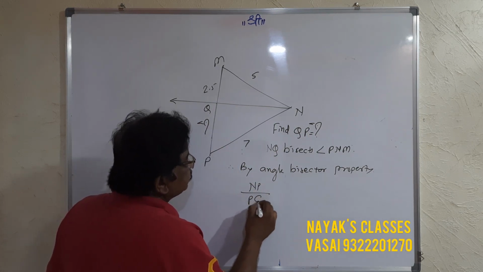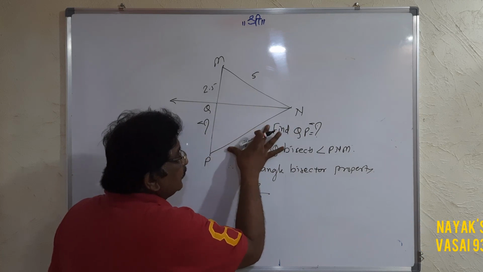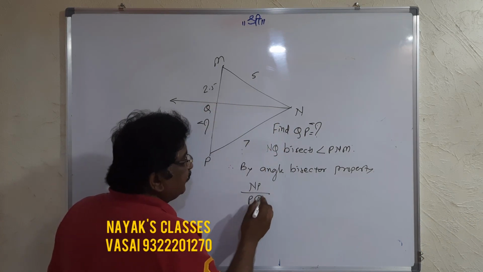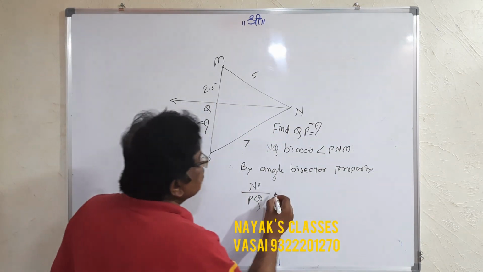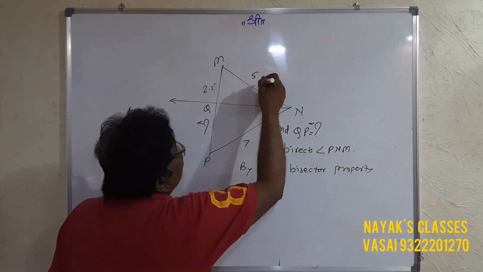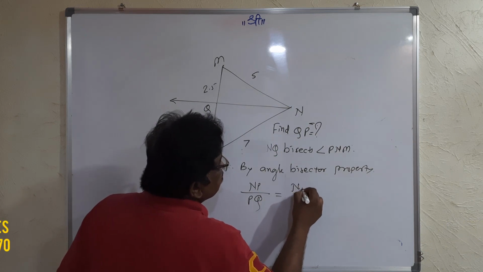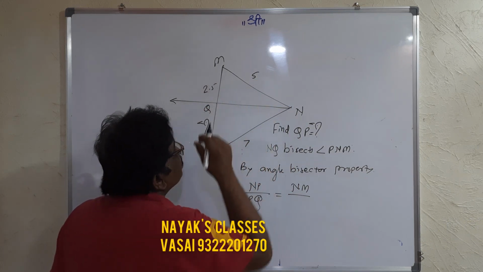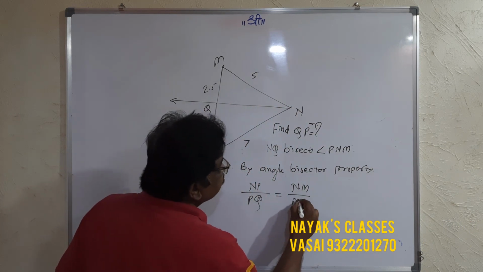When you are taking this side first, in front of this is PQ, so PQ is in the denominator, is equal to NM upon the same, what is the in front side? It is MQ.